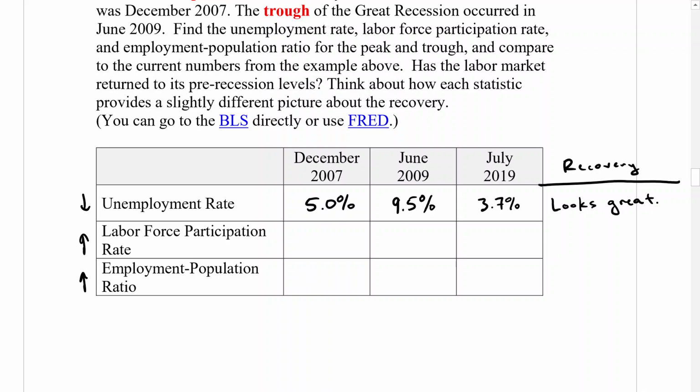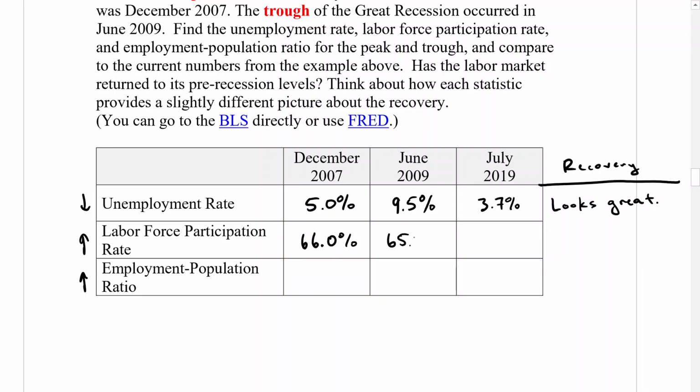So let's see how those compared from that Great Recession. So labor force participation rate before the recession started was 66%. As we would expect, when there was a recession, some people dropped out of the labor force.